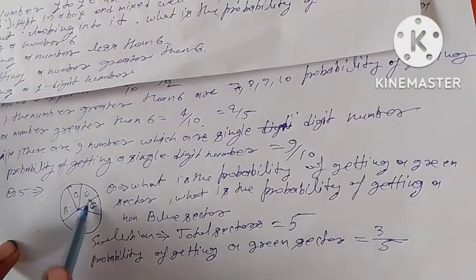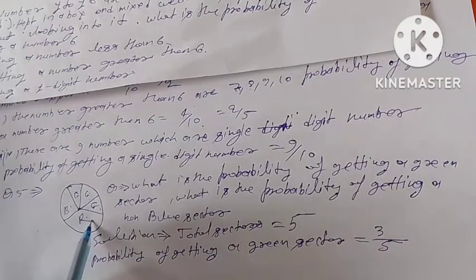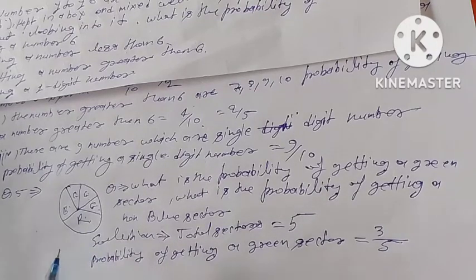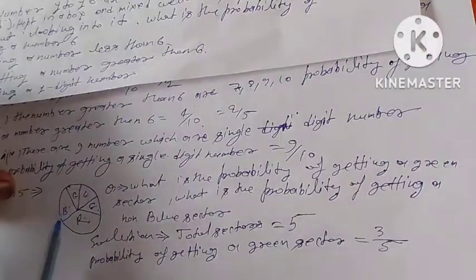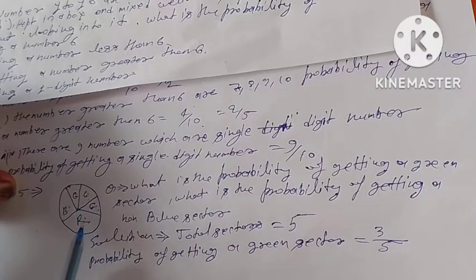Okay. And we will get a non-blue sector when we get either a green sector or a red sector. Hence 4 cases. There is only 1 blue sector, so 1, 2, 3, 4 is non-blue sector.